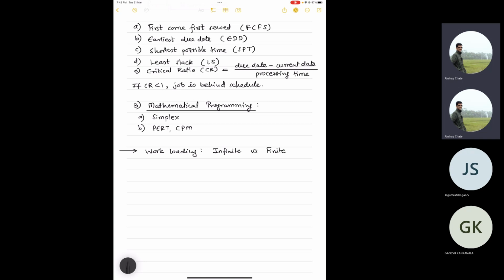So I'll take the... Should I take the example given in the class, or a different one?